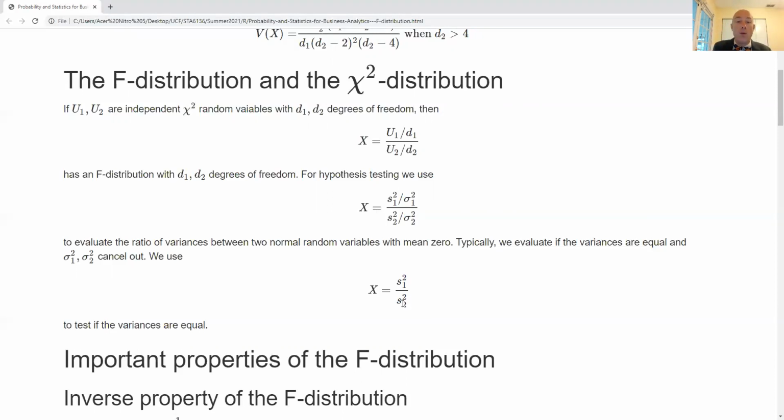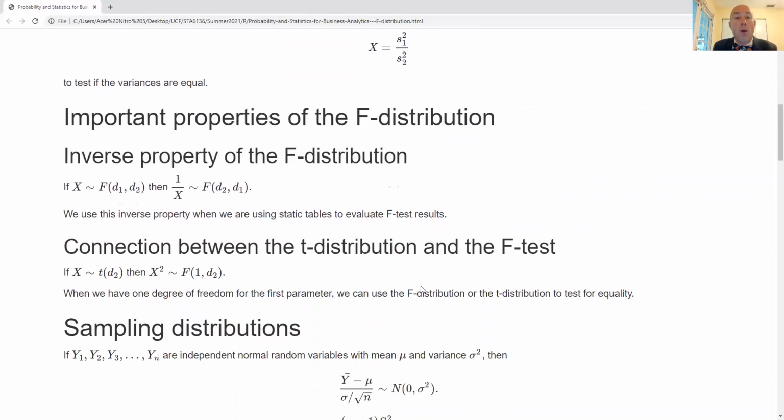This gives me the test statistic to work with. The distribution gives me a method of evaluating the p-value. And then once I have the p-value, I can decide: are the two variances equal to each other, or are they different? What conclusion do I reach?